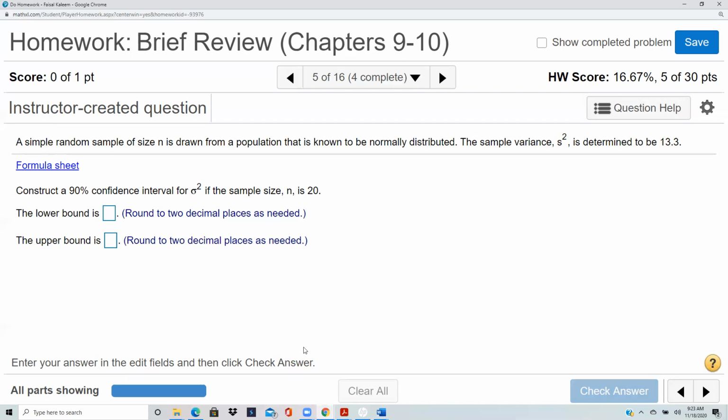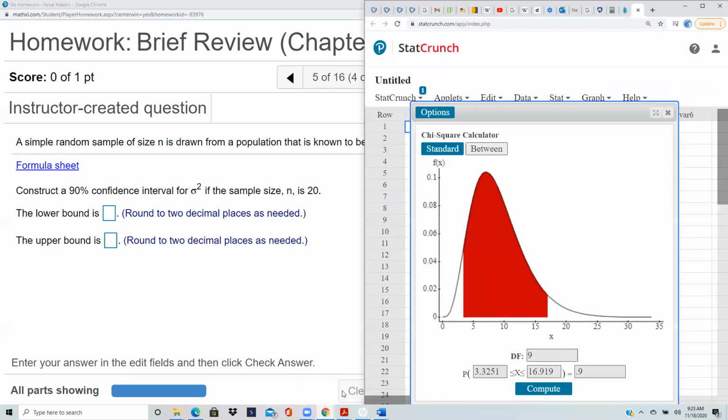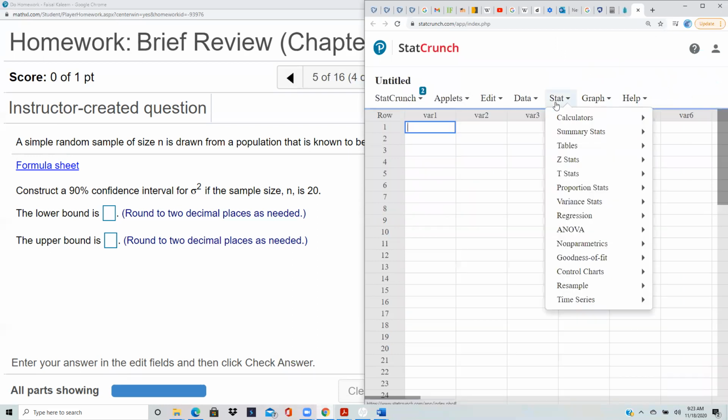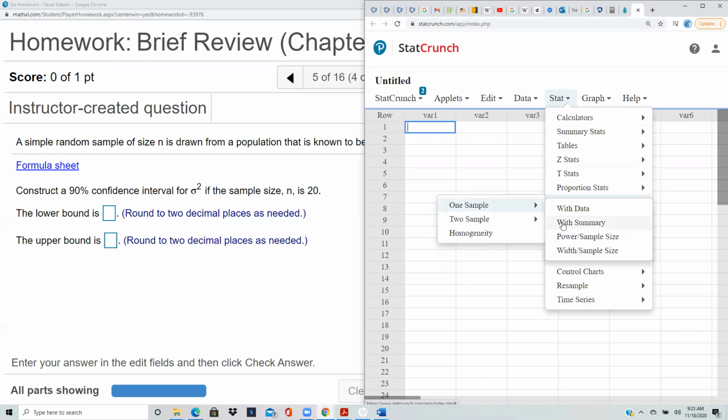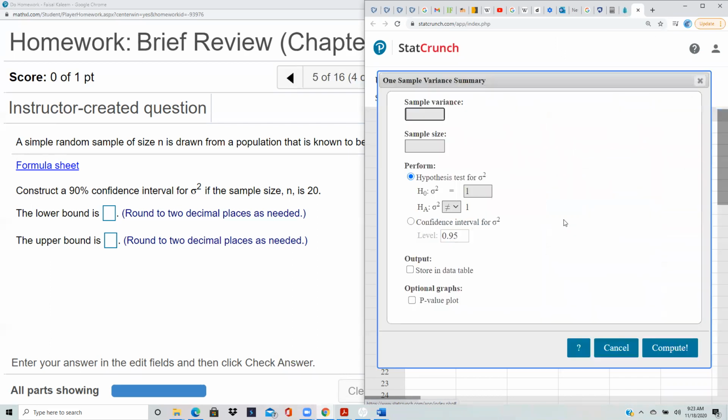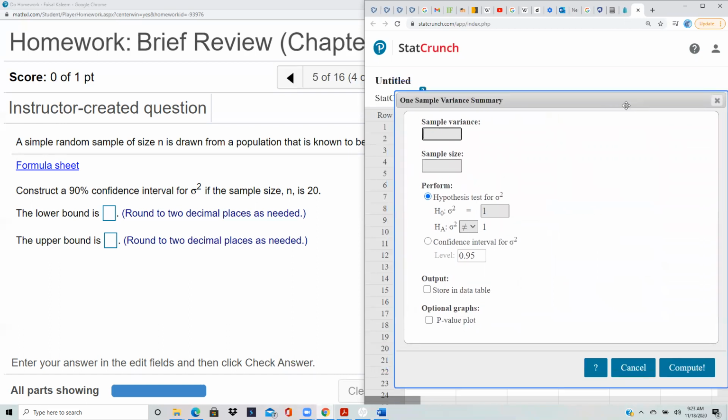So now, once we know it's variance stats, what do we do? We'll go to Stats, Variance Stats, One Sample with Summary. Okay. So what do we put here? It gave us our sample variance.